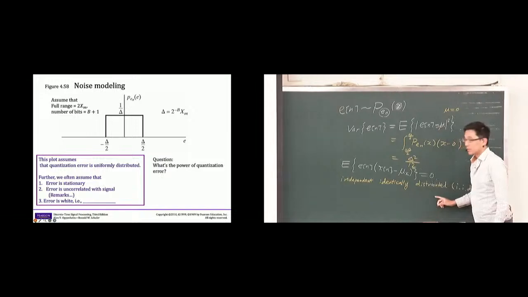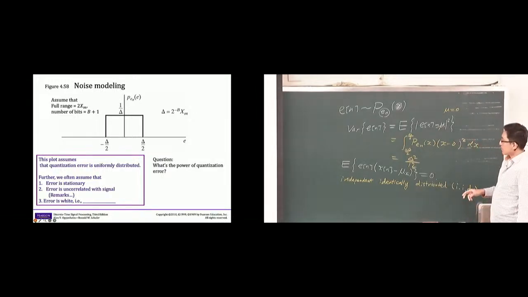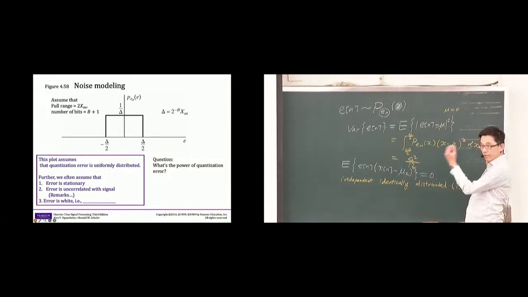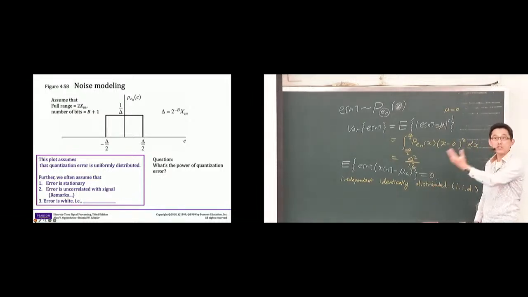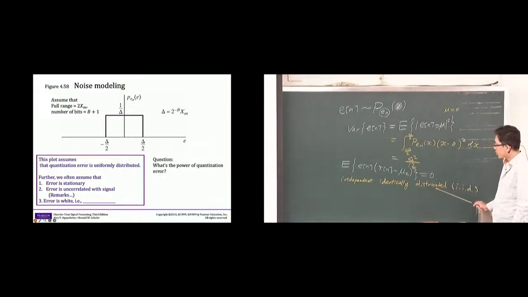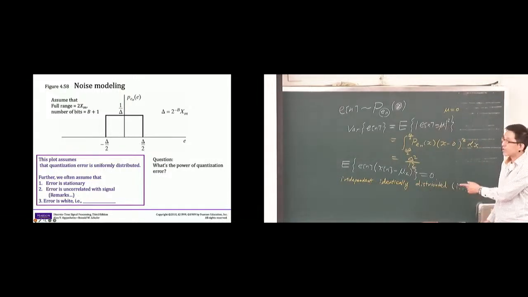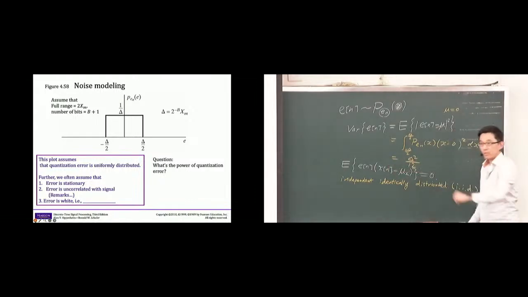So this is a stronger condition. When a random process is independently identically distributed, that implies stationarity, identical distribution. Every sample has the same distribution as the next sample. It doesn't change. Not only are they the same distribution, but also they are mutually independent. That's a rather strong condition, which guarantees white spectrum.